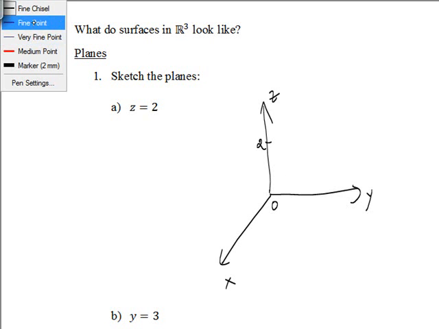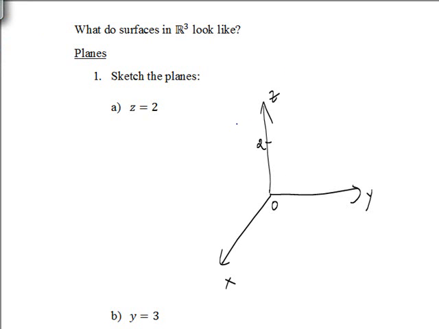So let me draw it in blue. So maybe something like that, more or less.